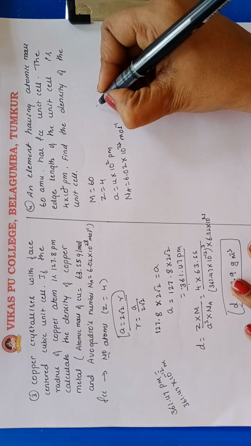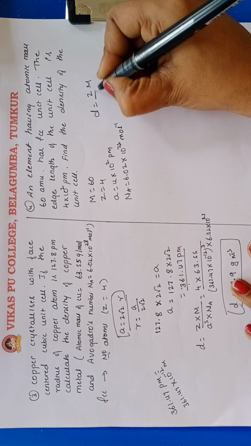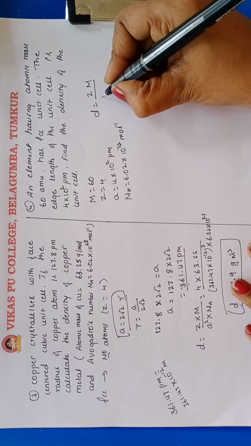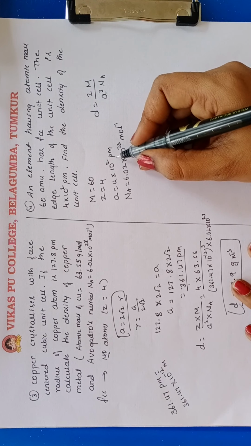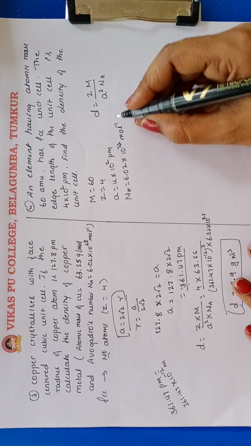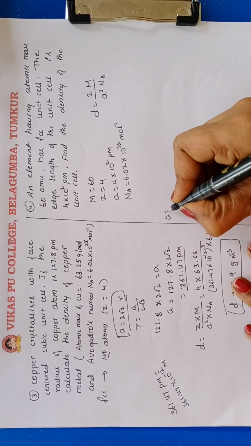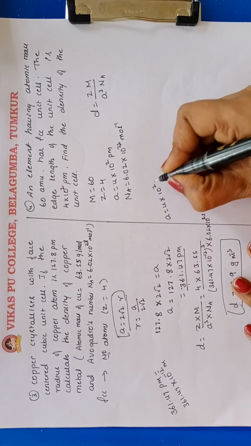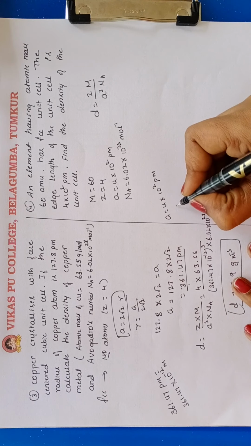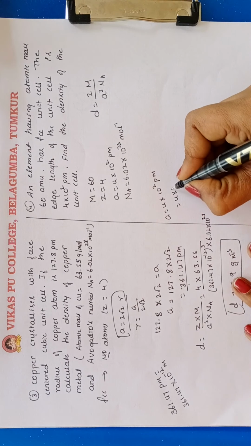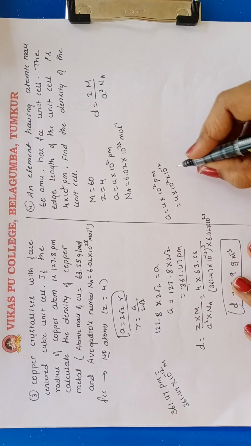Then D is equal to Z into M divided by A cube into N. To convert, A is equal to 4 into 10 to the power of 2 picometer, which is 4 into 10 to the power of 2 into 10 to the power of minus 12 meter.